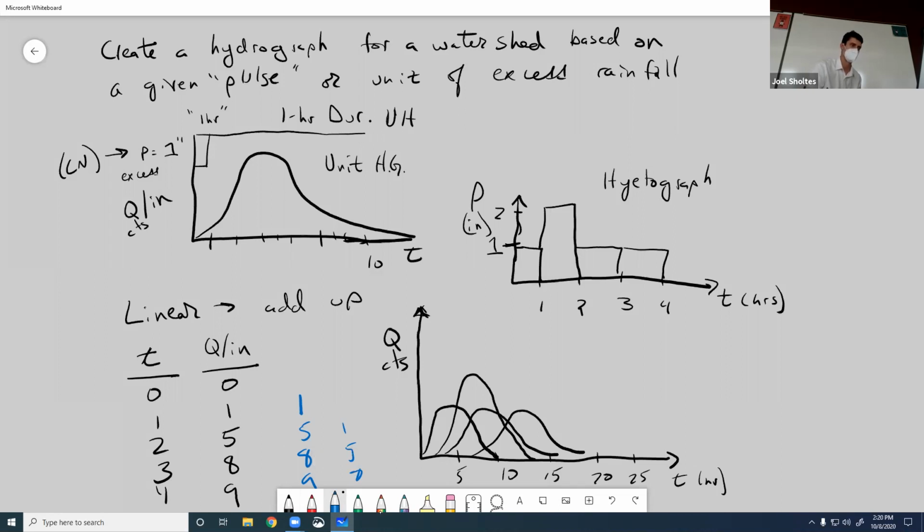Then I would add everything up for the Q total: 0, 3, 13, etc. So this ends up being what we'll call the total hydrograph. That's based on adding up all the unit hydrographs that I've scaled from this. So that's a quick overview of how this works.